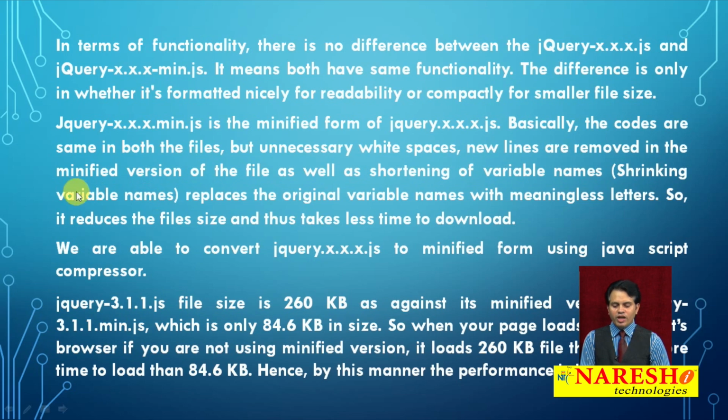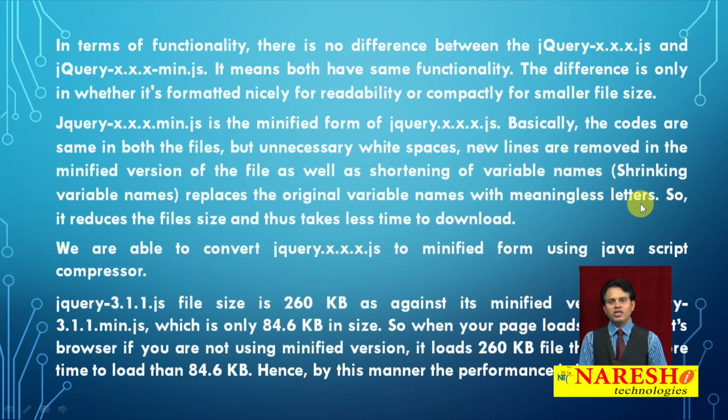So jQuery-version-number.min.js is the minified form of jQuery-version-number.js. Basically the code is the same in both files, but unnecessary white spaces and new lines are removed in the minified version of the file, as well as shortening of the variable names. Whatever variable names are used in the function parameters are shrunk and replaced with meaningless letters.